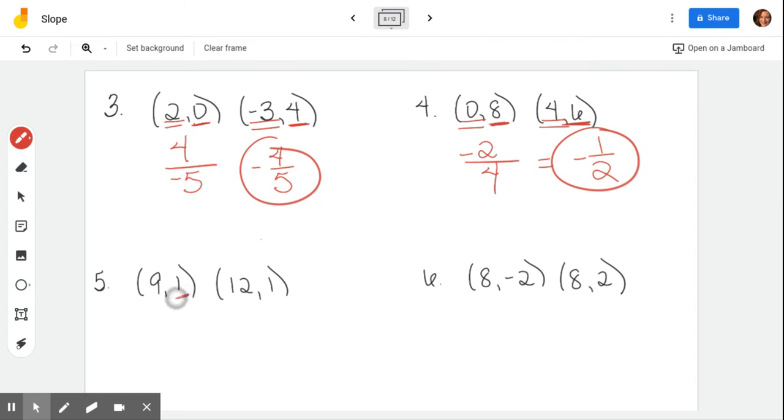Number 5, to get from 1 to 1, you're already there. That's no moves, right? If you want to go ahead and put 3 on the bottom, you can, but we're going to simplify this. We talked when I taught you how to do multiplying and dividing integers. We also talked about dividing when zero's involved.